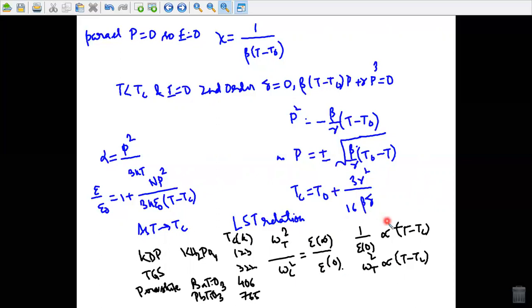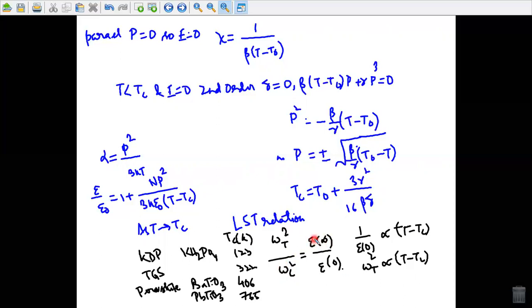The LST relation can be written as omega t squared over omega l squared, the ratio of the squares, equals epsilon infinity over epsilon 0, where omega t is the transverse optical frequency and omega l is the longitudinal optical frequency, both at low wave vector.